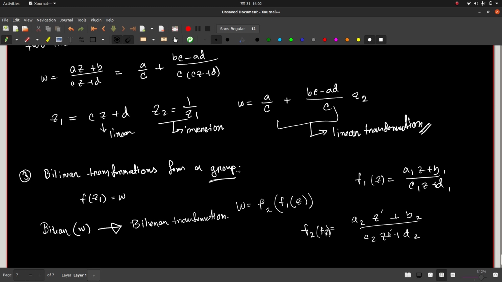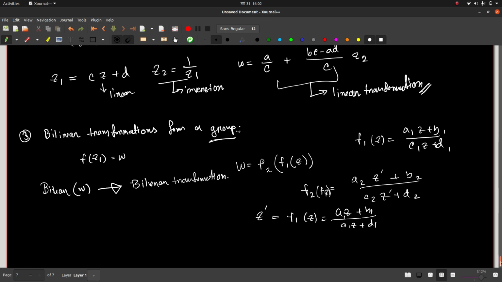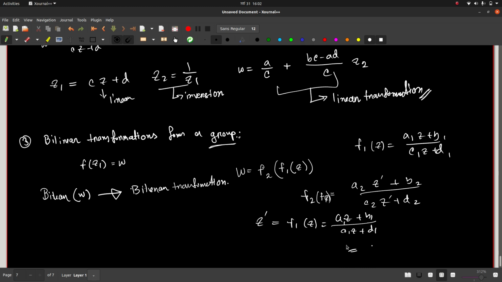So let's call this z prime, and z prime will be just f1 of z, which is given by a1 z plus b1 divided by c1 z plus d1, like this. So instead of the z primes, you now put these things together and you should get another form like this.